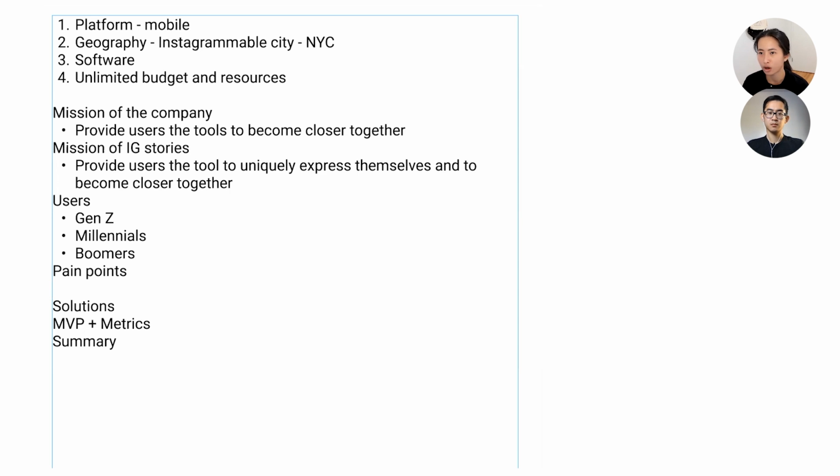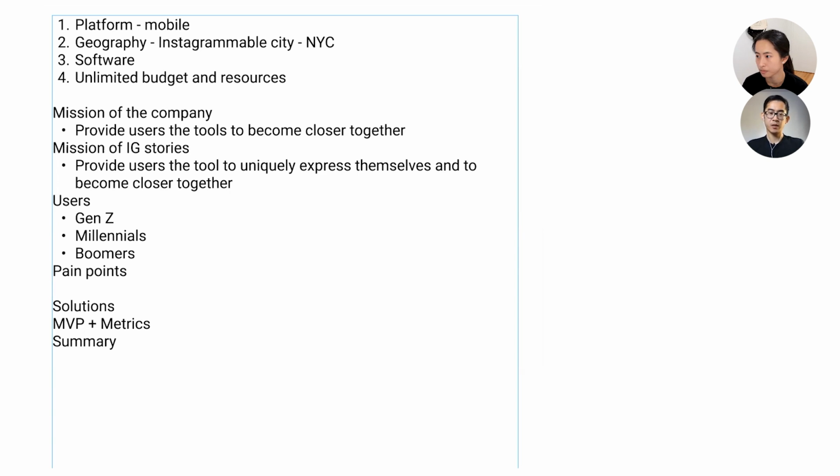And because we want to launch this improvement and really target the majority of our users, I think it makes sense for us to go and target Gen Z first, and then go after millennials and then boomers at the end. Does that make sense?